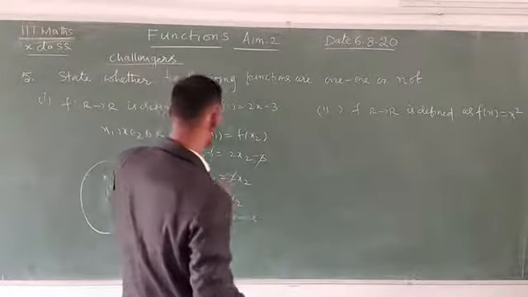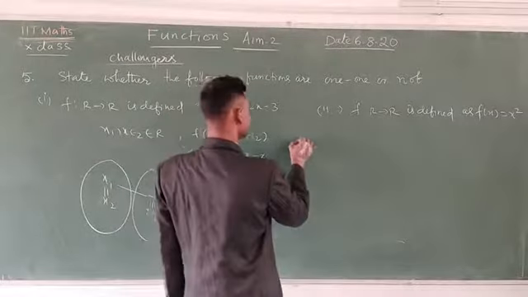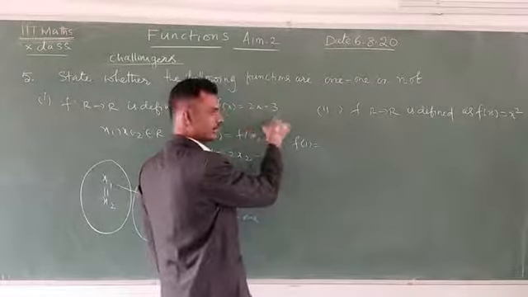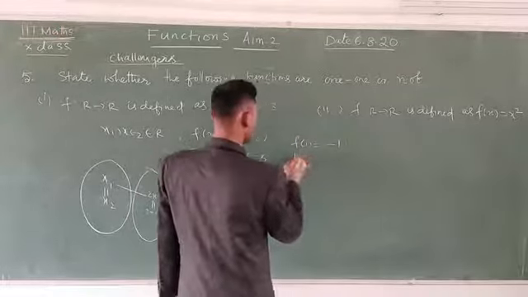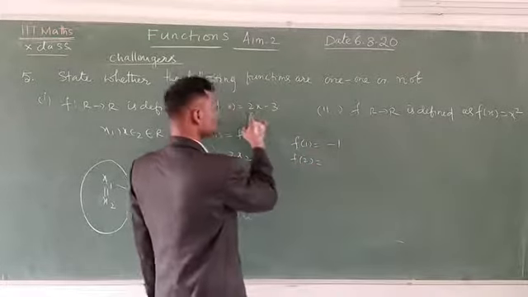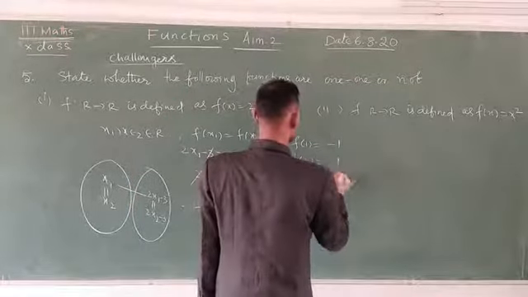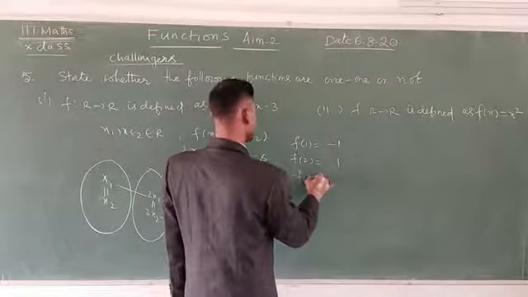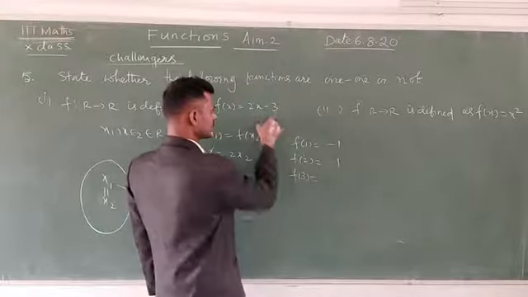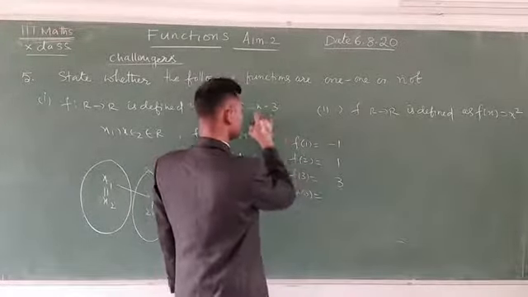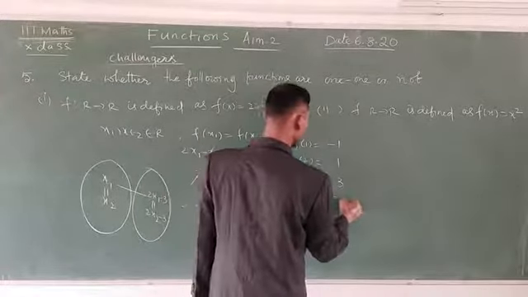Or otherwise, if you don't know this, you can write f of 1. f of 1 means 2 into 1, 2 minus 3 is equal to minus 1. Next f of 2: 2 into 2, 4, 4 minus 3, 1. f of 3: 2 threes are 6, 6 minus 3, 3. Next 0: 2 into 0, 0 minus 3, minus 3.